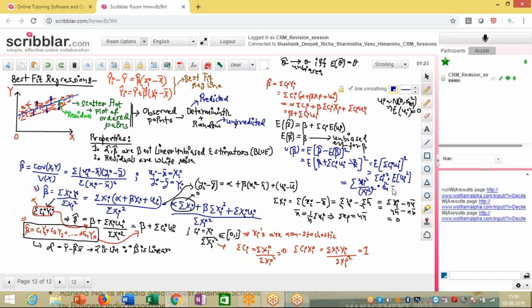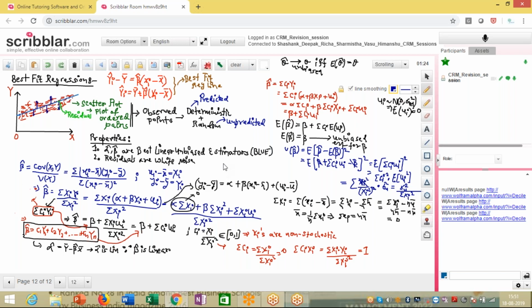So one summation xi square cancels out. You have sigma square u divided by summation xi square. So this becomes your variance of beta hat.